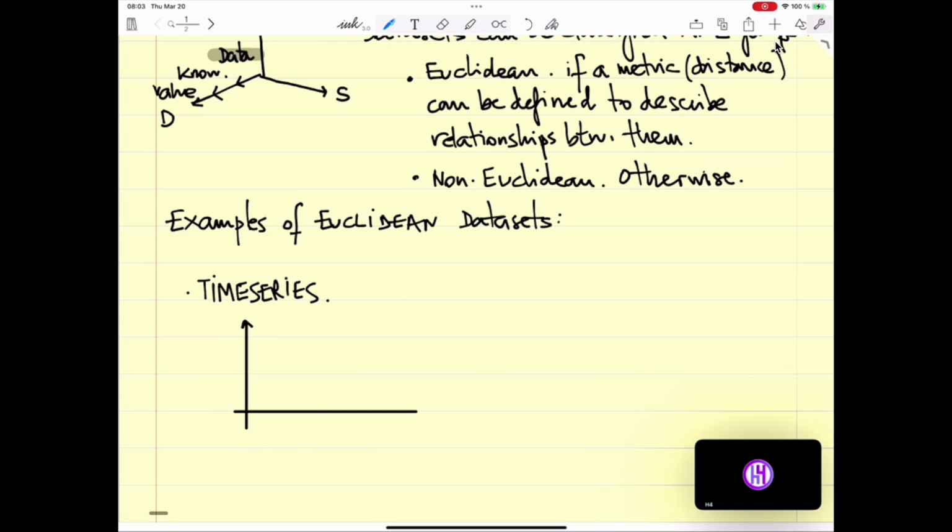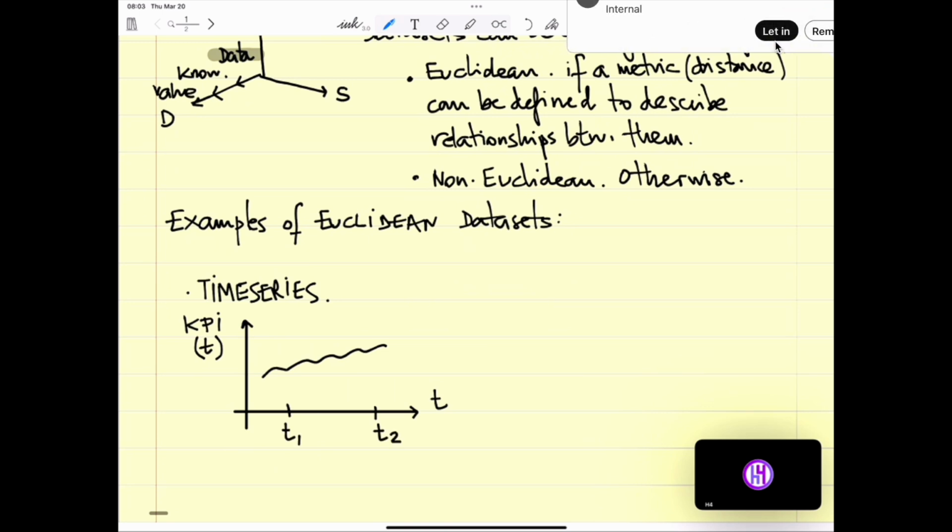Something like the temperature of a room, where this is the time, and this is the key performance indicator. So some KPI that is dependent on time. Okay? So you can measure a distance between 2 points in time, T1 and T2.